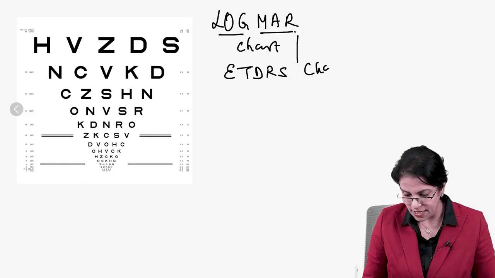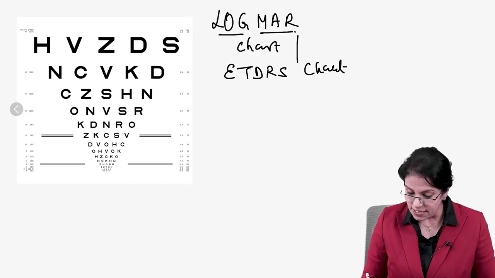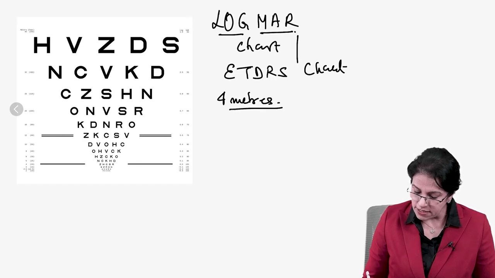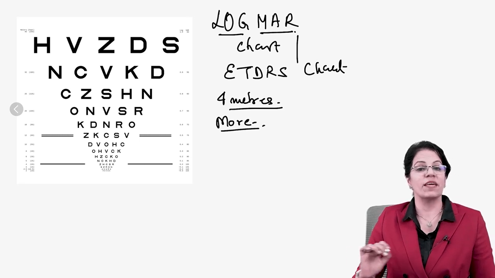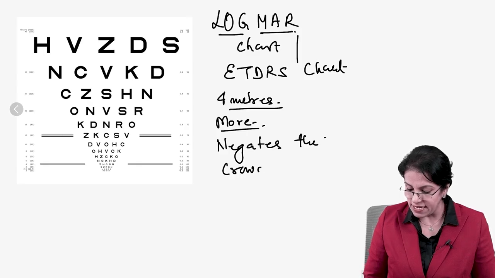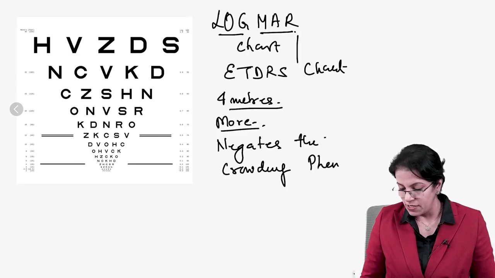Just know the name. What is the advantage? The testing is not done at 6 meters. It is done mainly at 4 meters. The advantage here is that it is considered, first of all, more accurate, and because the number of letters is the same in each line, it negates the crowding phenomenon. Let's understand what I mean by that.